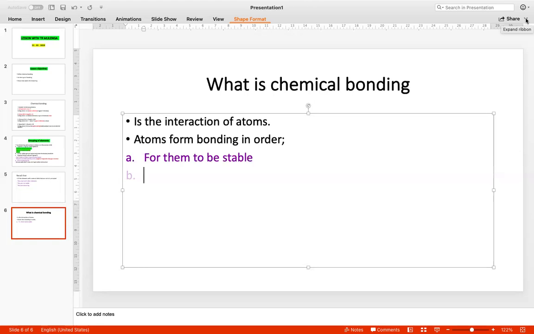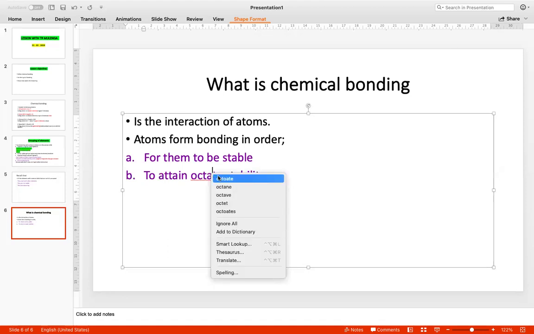So atoms also form bonding in order for them to be stable. And the stability comes in when the last shells are fully occupied. That is reason number one. What else? In order for them to attain octet stability. I just decided to separate these two because maybe we can understand it better, but they are just the same: octet stability.